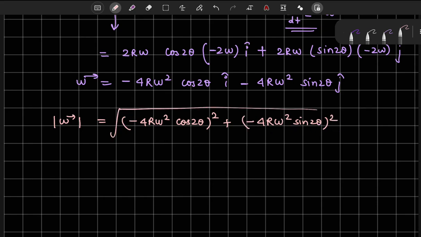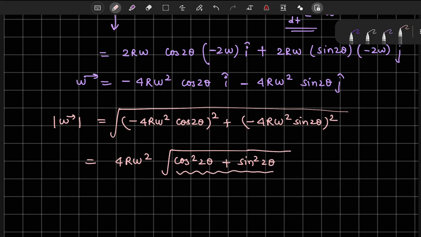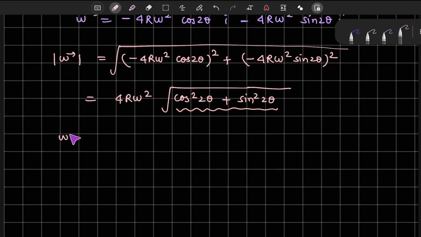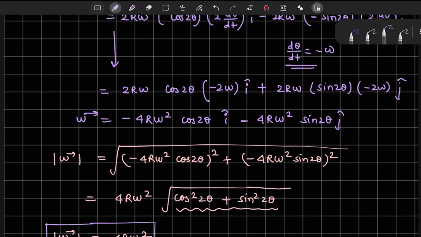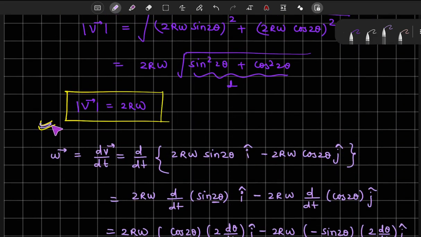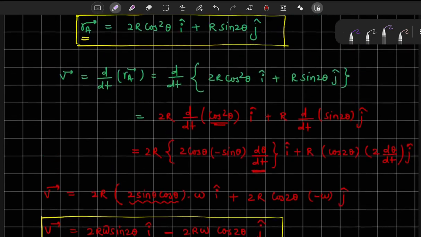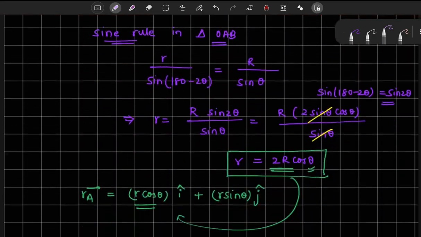Okay, so from here if we take the common, that is 4r omega square, we will get 4r omega square under root cos square 2 theta plus sin square 2 theta, and cos square 2 theta plus sin square 2 theta is 1, so we will get the magnitude of the acceleration is equal to 4r omega square. Okay, so this is the expression of the magnitude of acceleration vector, and here we have got the magnitude of velocity vector. I hope the entire procedure is clear. Thank you.